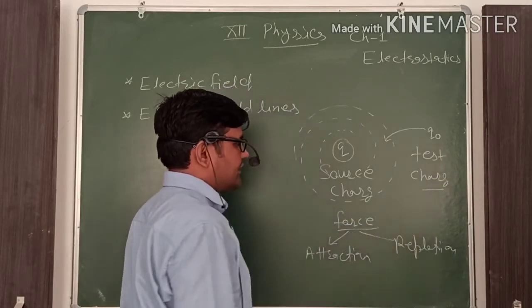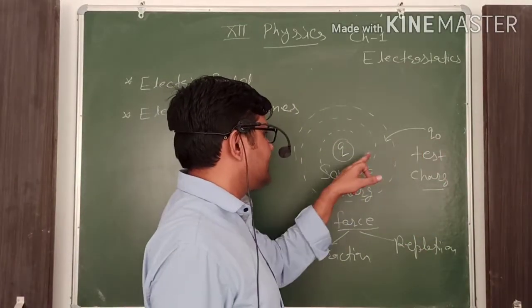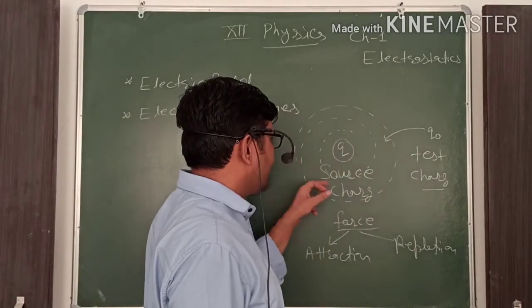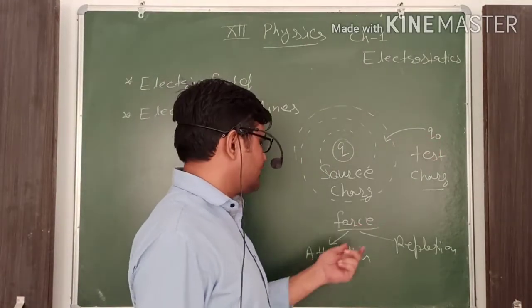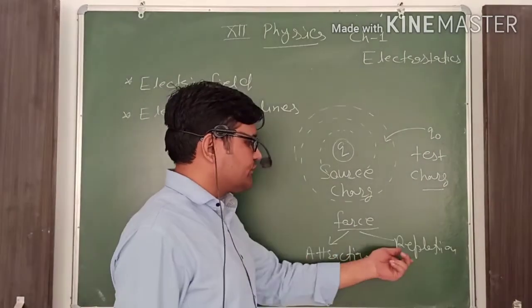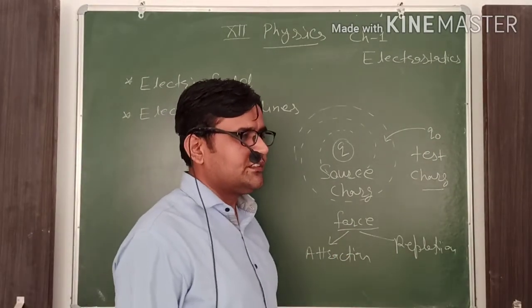We use Q naught to test the region surrounding the source charge, when it feels a force of attraction or repulsion.